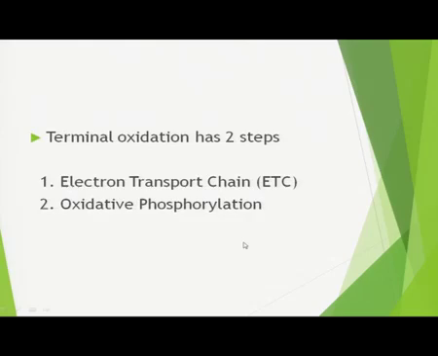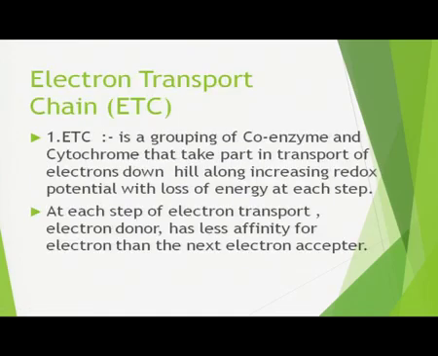Now, terminal oxidation, as we have already said, has two steps, that is electron transport chain and oxidative phosphorylation. As the term indicates, it is a chain of electron carriers that help in the transport of electrons from one place to another.